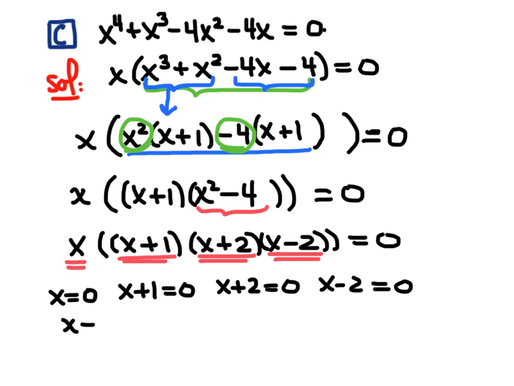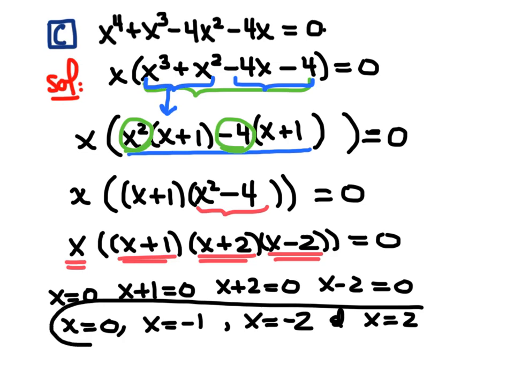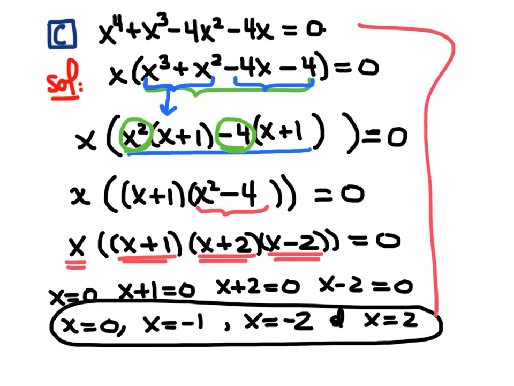And we found that x is 0, x is -1, x is -2, and x is equal to 2. These are 4 solutions which all satisfy the original equation, and it's a good thing for you guys to check if you would like. It's a good exercise.